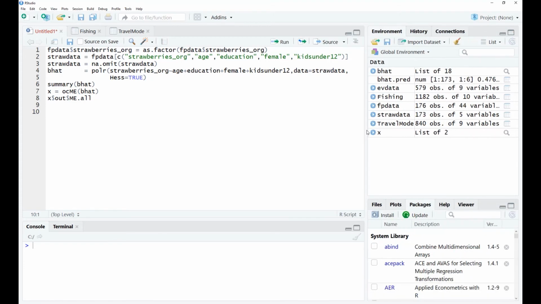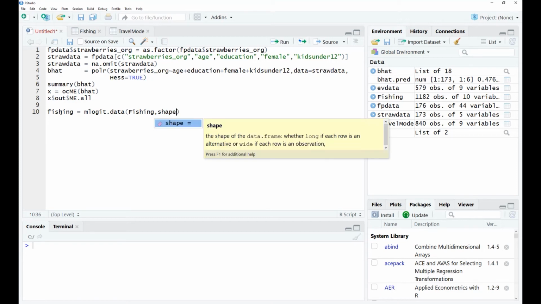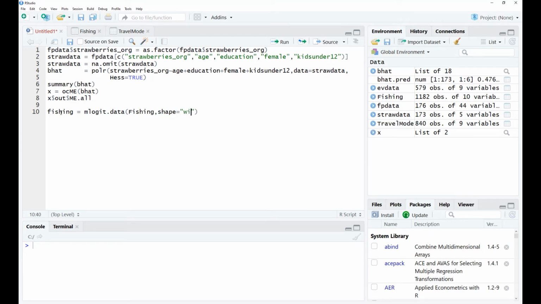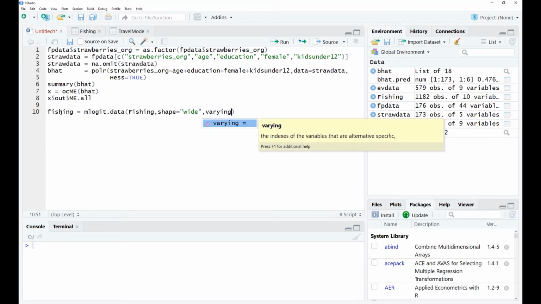So we type in fishing equals mlogit.data, parenthesis open, fishing, comma, shape equal to wide, and then we have to enter the alternative specific variables, and we do this by the term varying.